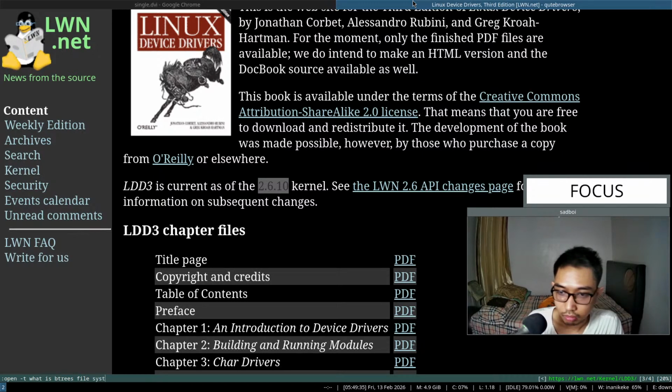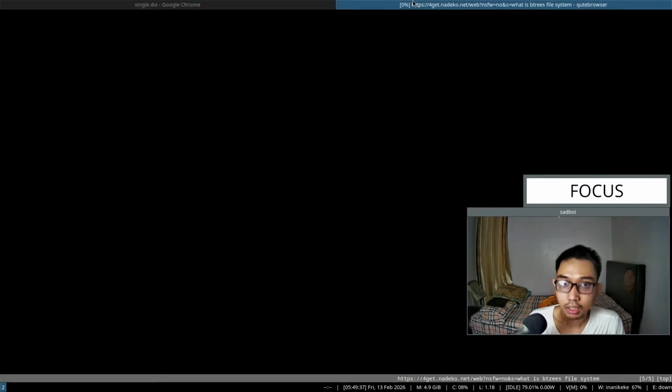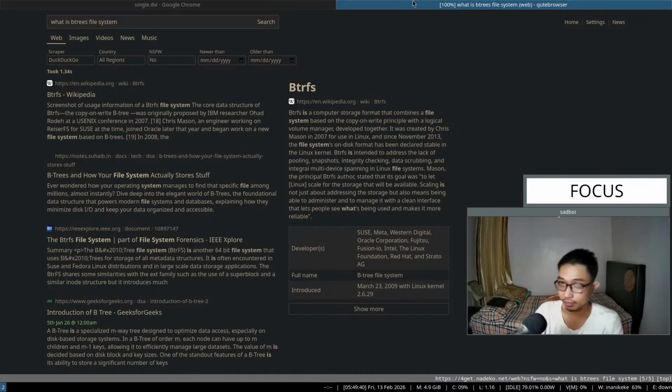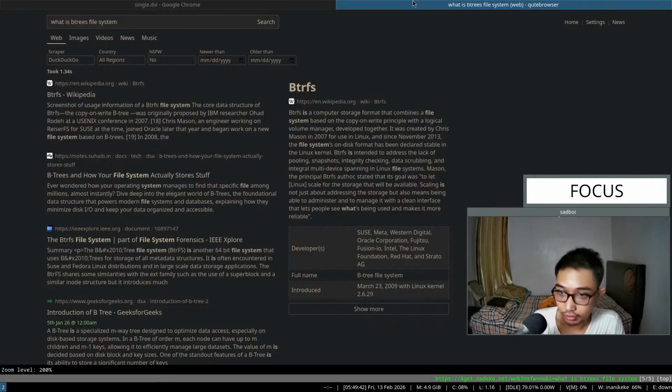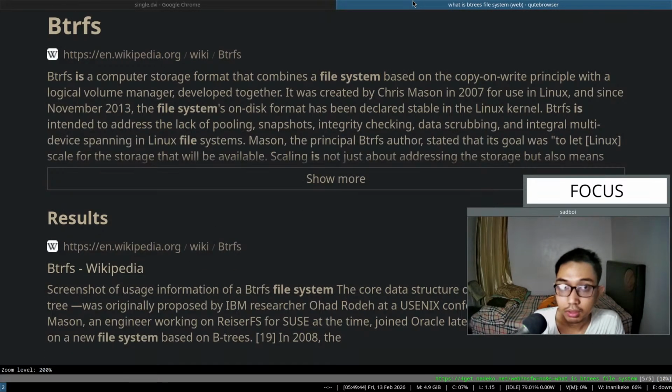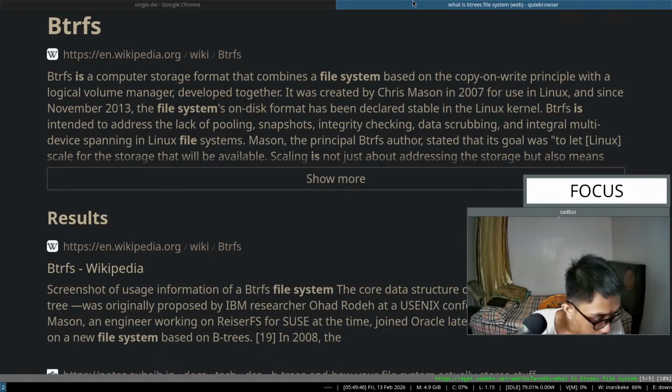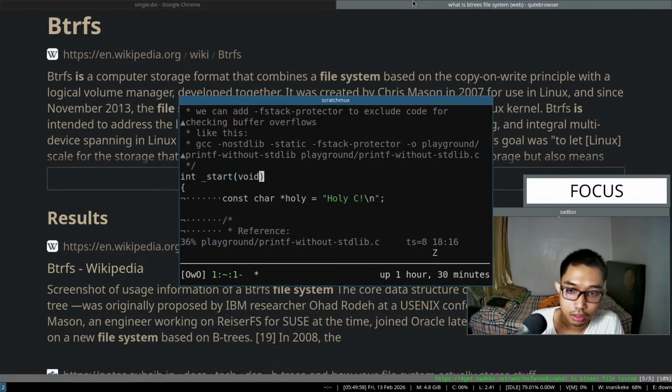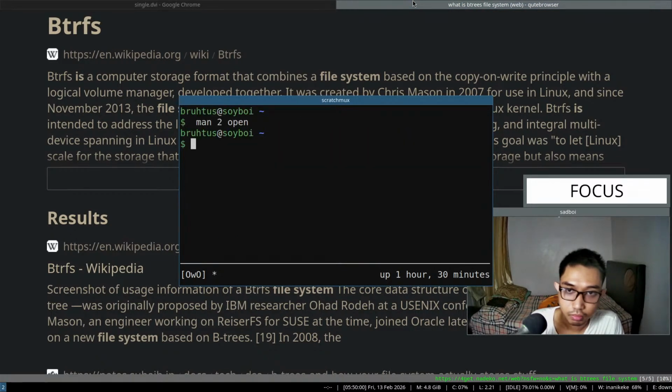File system. Is the Linux file system just a folder hierarchy that it has? Oh, you mean, what is it called? I kind of forgot.